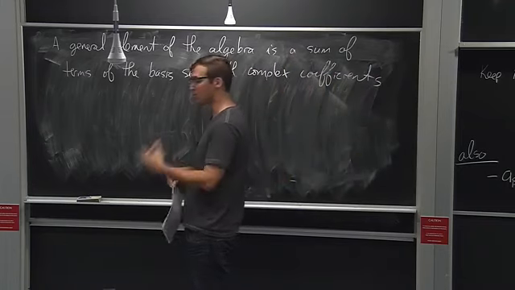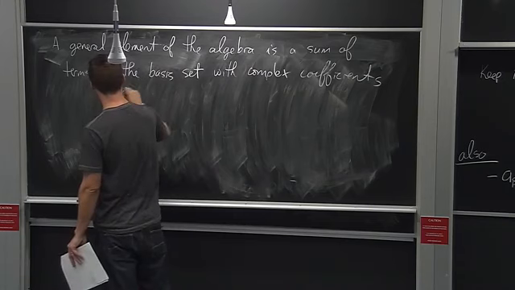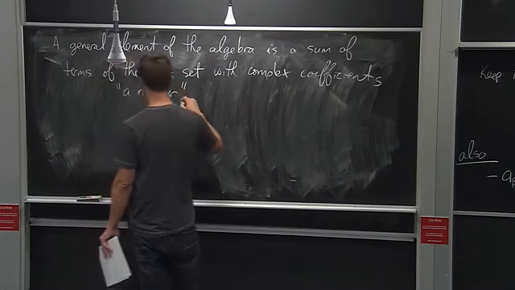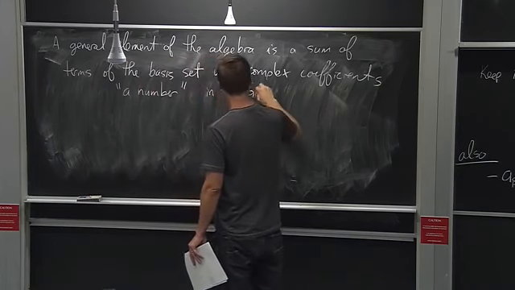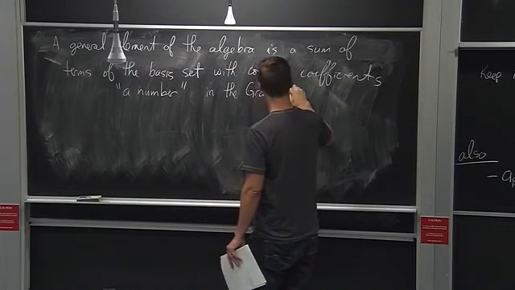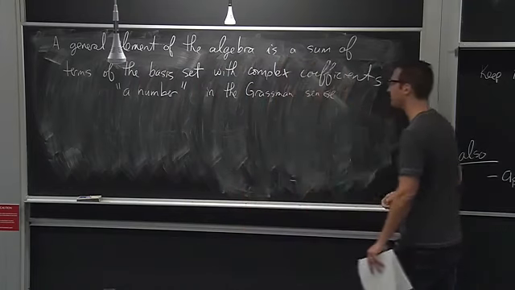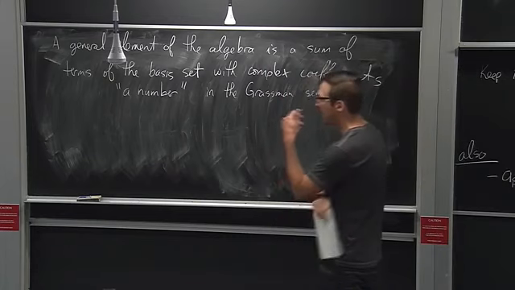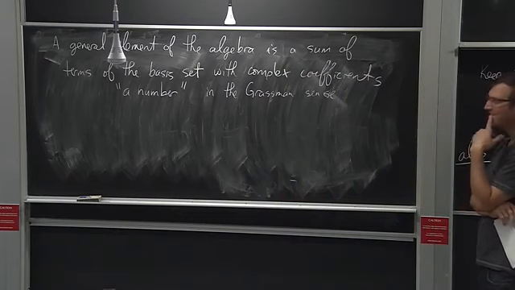Linear combination with complex coefficients. That's what I would call a number, I guess, in the Grassmann sense, for lack of a better word. This is the bare bones that I can think of.